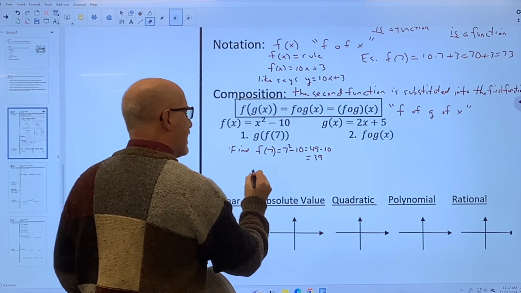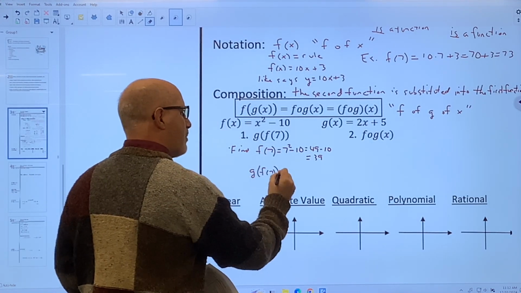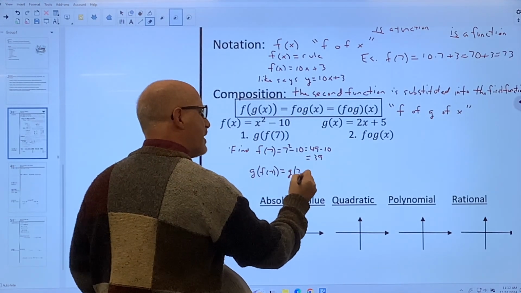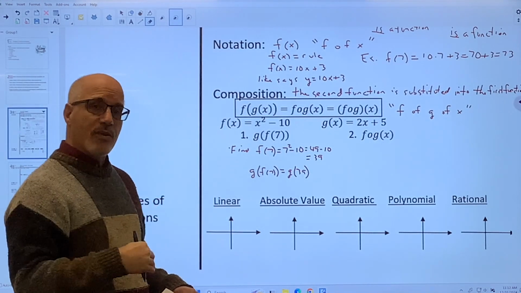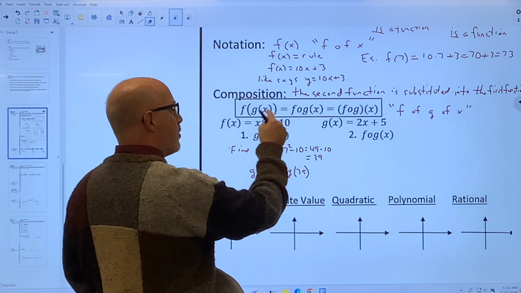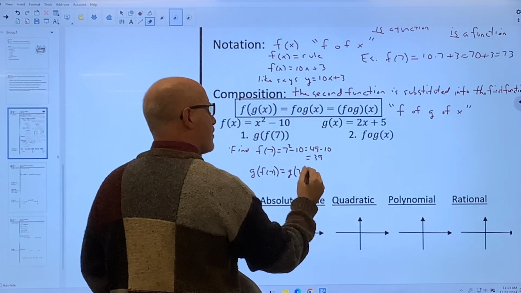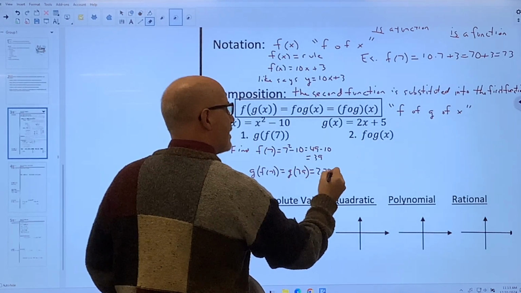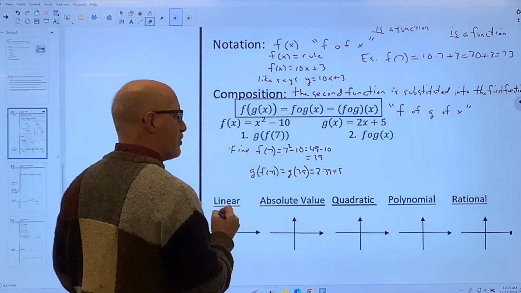So if I'm trying to find g of f of 7, this problem, where there's f of 7, I'm going to put a 39 instead, because that's what it's equal to. Notice that one goes into the second function. And so the 39 is going to go into the g of x over here, so it's going to be 2 times 39 plus 5, because that's what my g of x is equal to.